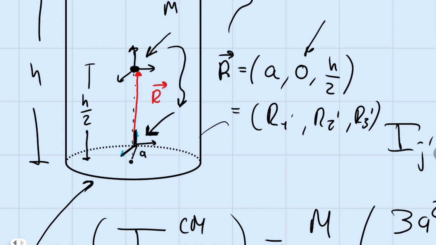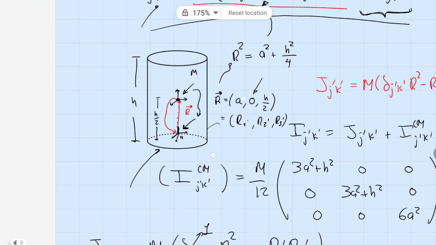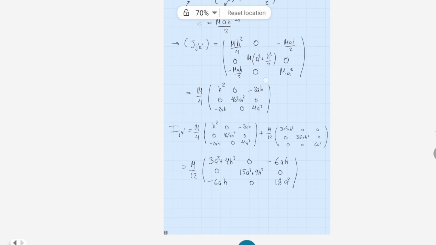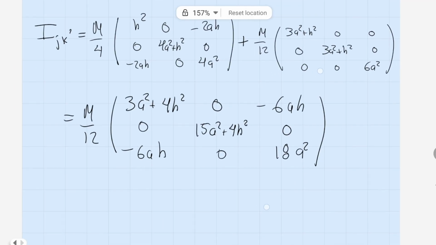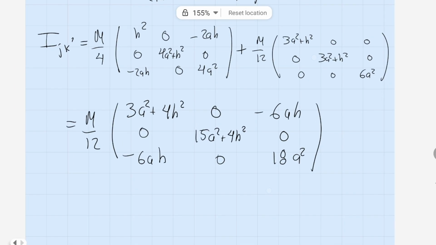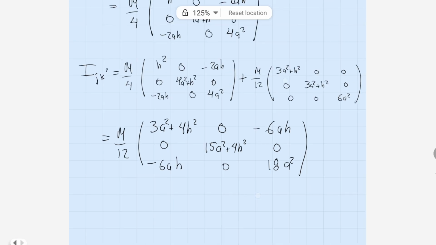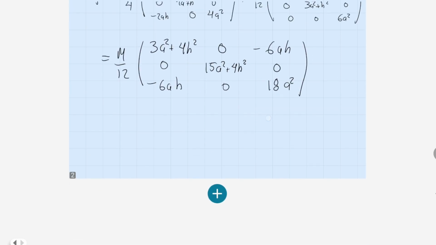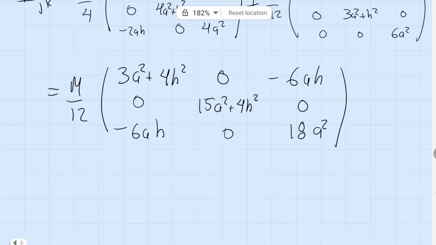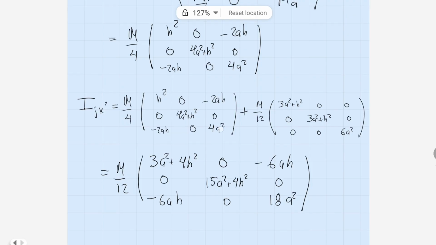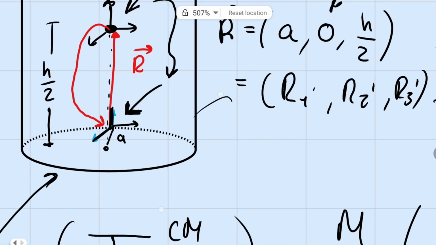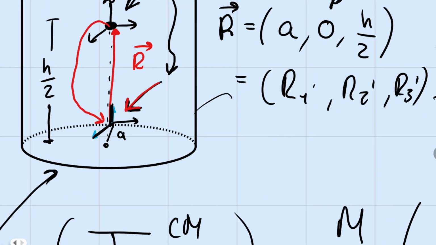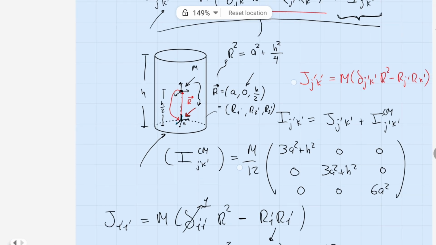We move the coordinate system from this position to this position, and now the inertia tensor is different. And this difference we can find using the parallel axis theorem, as we have already done in this example. So again, this will be the matrix of the inertia tensor associated to the new coordinate system that we have put at the base of the cylinder.